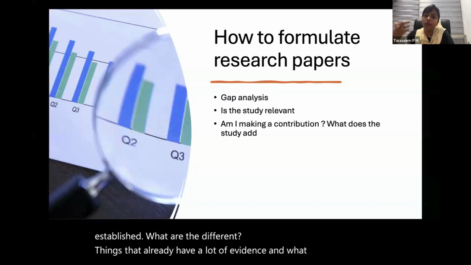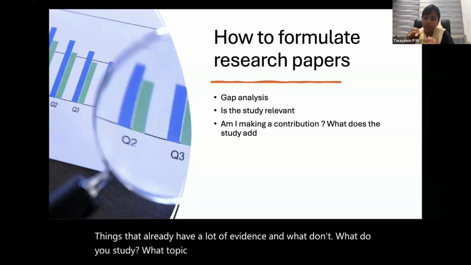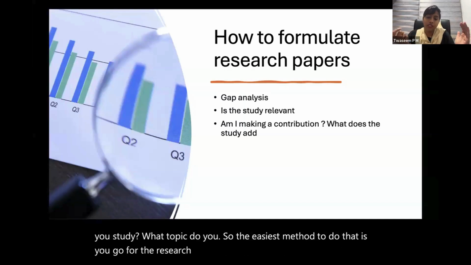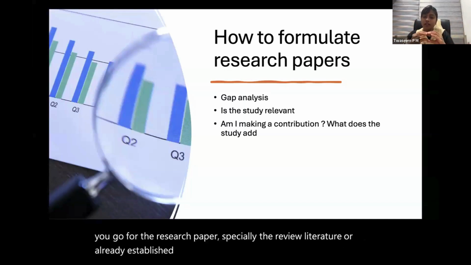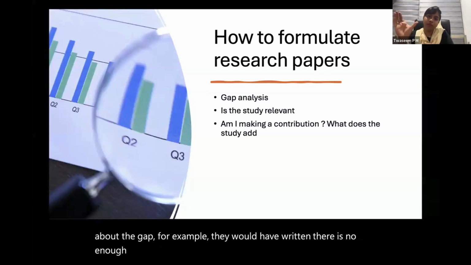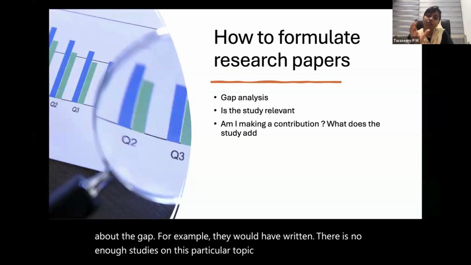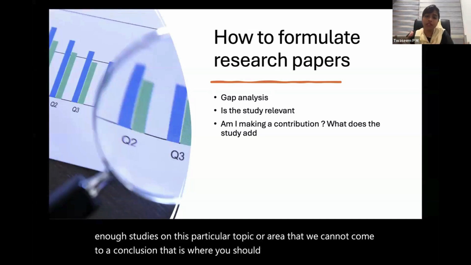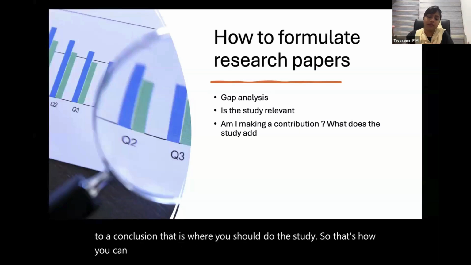The easiest method is to go to the research papers, especially the review literature or already established guidelines, where they would have mentioned the gap. For example, they would have written, there are not enough studies on this particular topic or area that we can come to a conclusion. That is where you should do the study. So that's how you can design studies in your early phase.